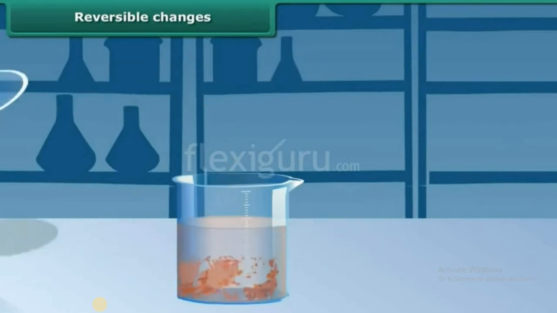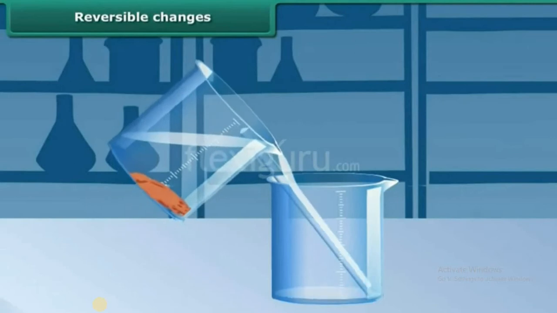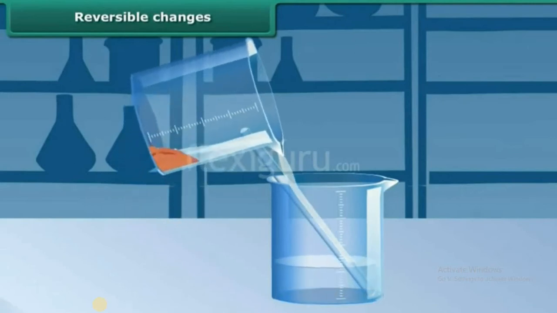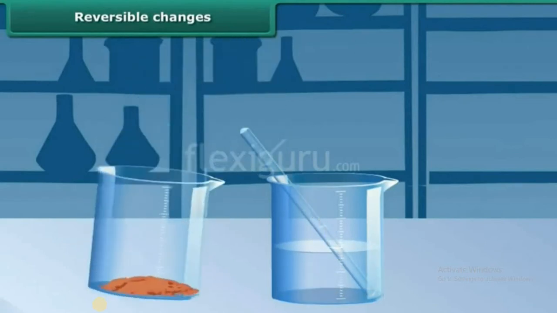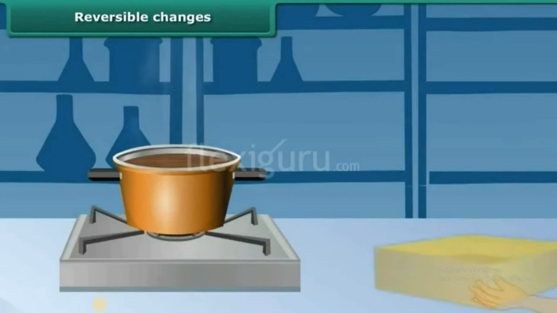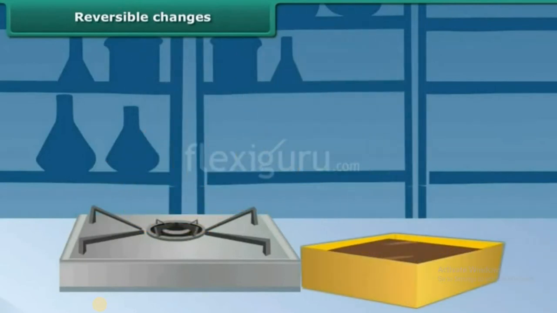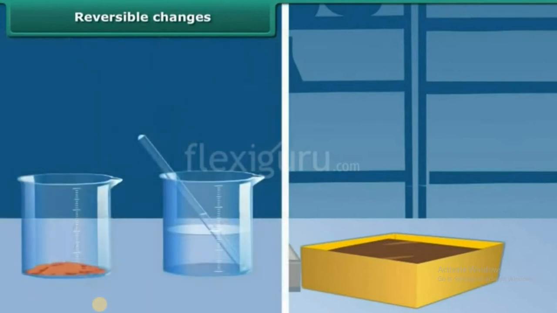Take some sand and mix it in water. Would you be able to remove sand from water after they are mixed together? Try this one. Melt a chocolate bar to liquid. Do you think you can solidify the same liquid to be a chocolate bar again? These are examples of reversible change.